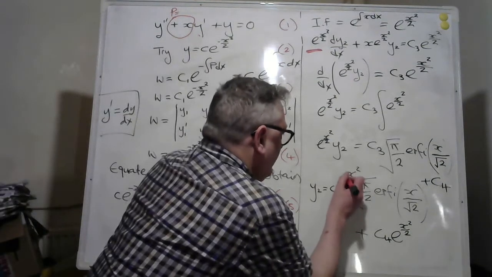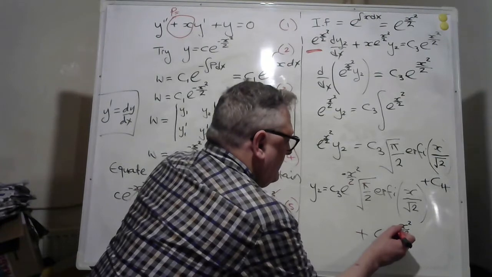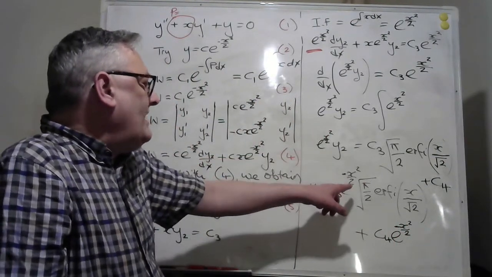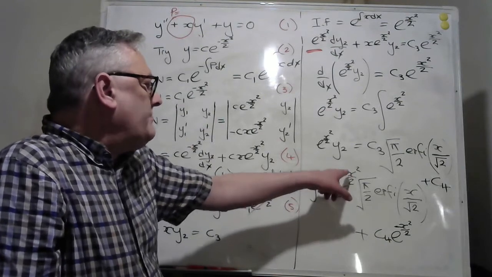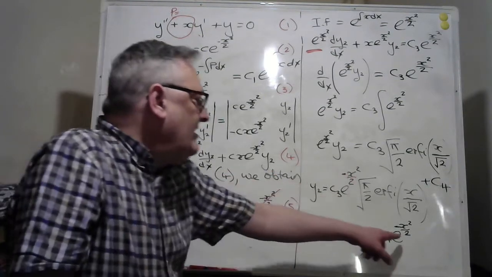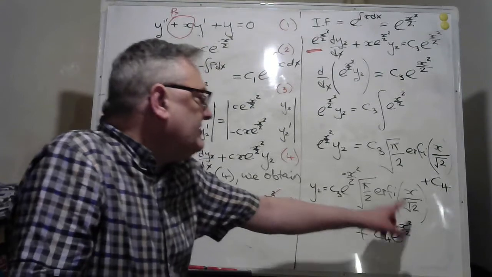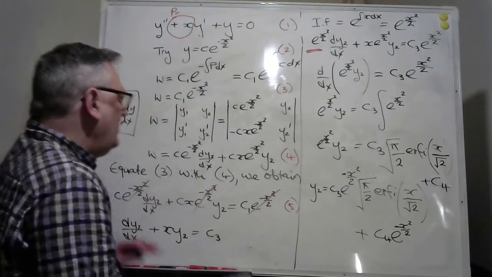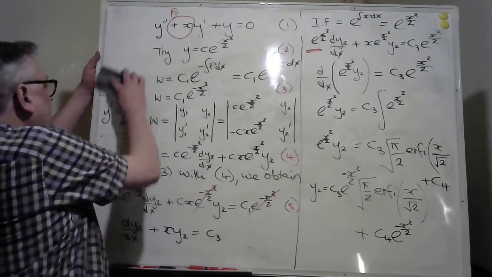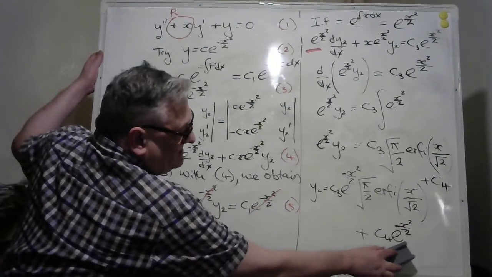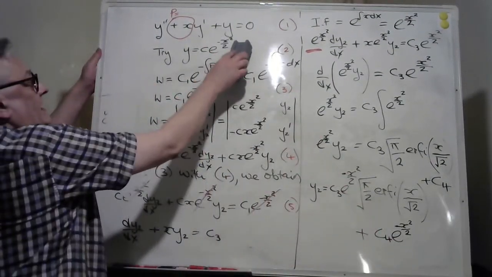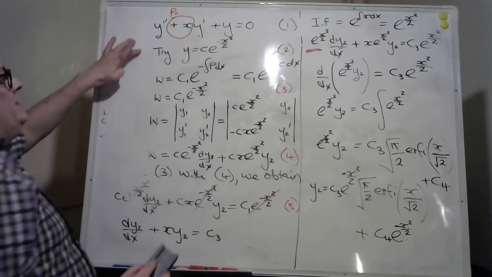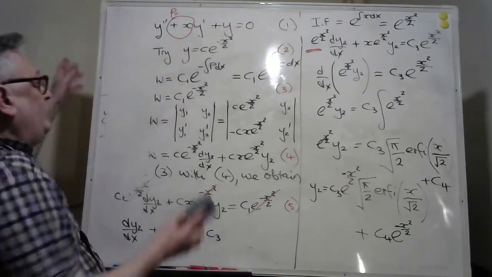Sorry, that should be minus, shouldn't it? If you divide both sides by e to the x squared over 2, you end up with an e to the minus x squared over 2 there, and an e to the minus x squared over 2. And now I'll show you how the general solution is formed and how that gets absorbed into the first linearly independent solution up here, which is equation 2.